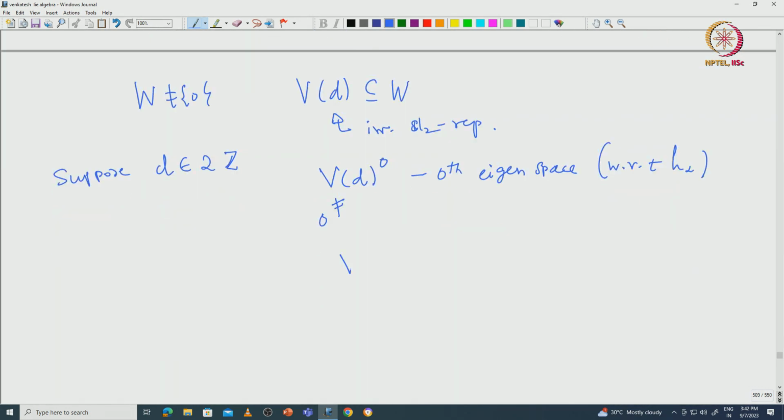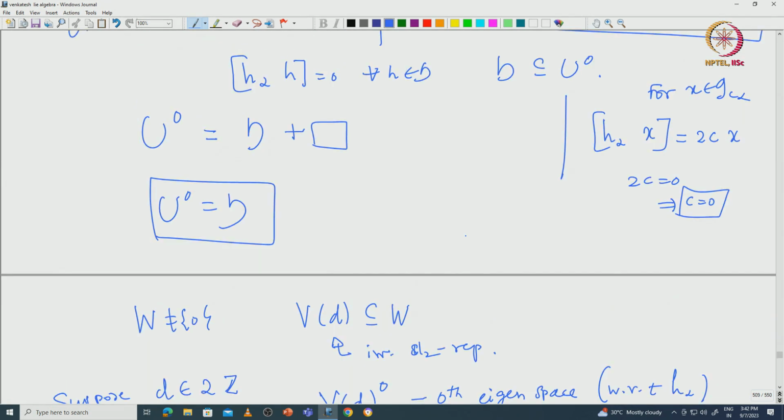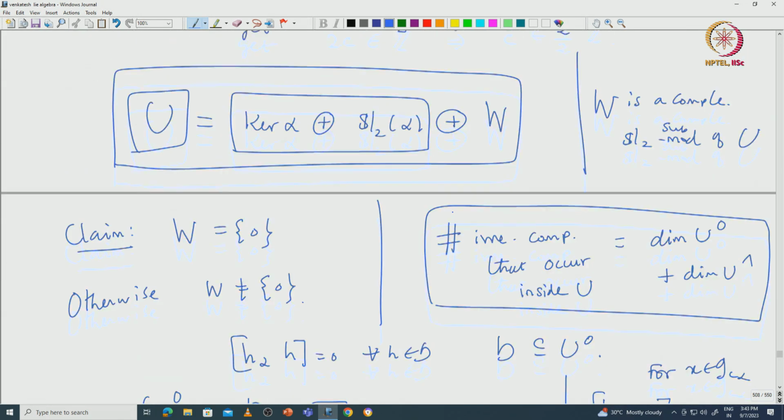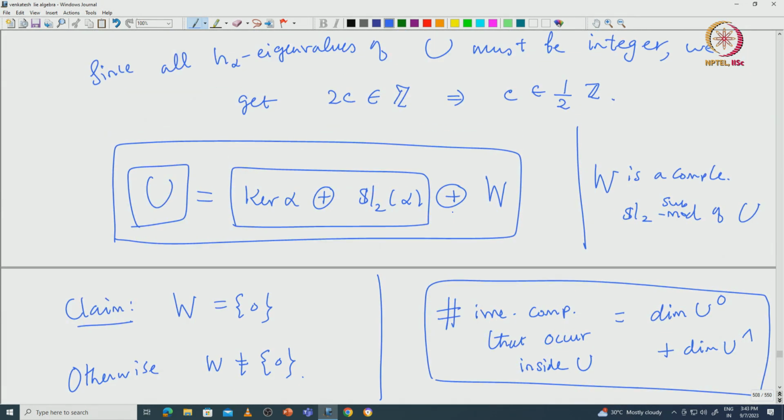But V D 0 is inside W 0, and we just saw that W 0 must be 0, because U 0 is itself H. This forces W 0 to be 0, because W is the complement of H, and H lies inside kernel alpha direct sum SL2 of alpha.